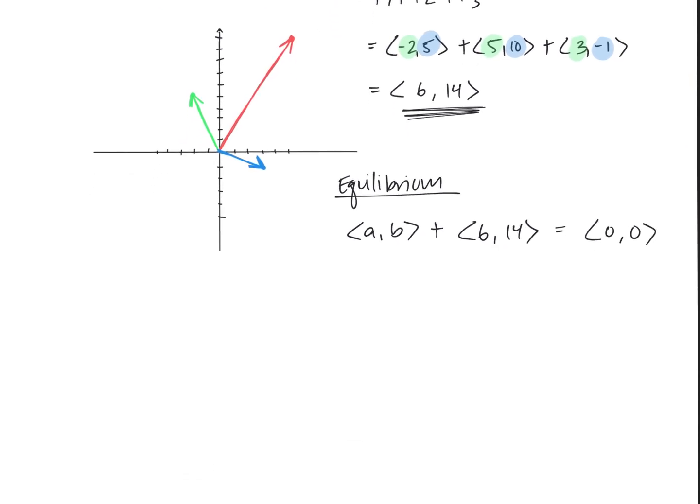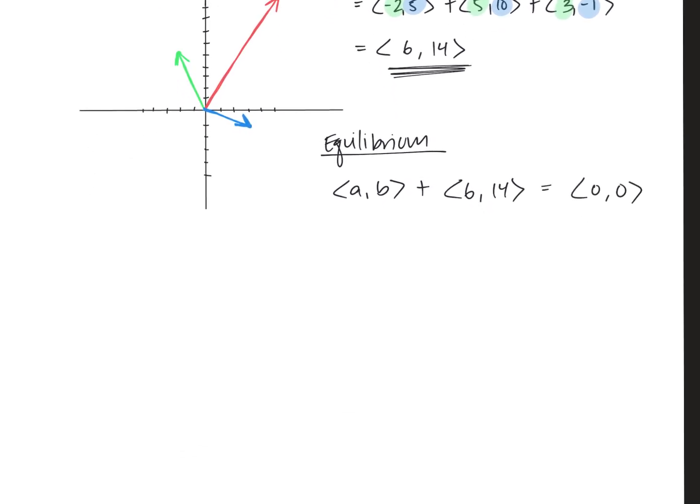Well, this is just like solving some sort of an algebra problem. So let's go ahead and add up our a values and add up our b values. And we'll have a plus 6, comma, b plus 14. Somehow we need that to equal <0, 0>. So let's create our little mini algebraic equation here. So we know that a plus 6 somehow needs to equal 0, and b plus 14 somehow needs to also equal 0.